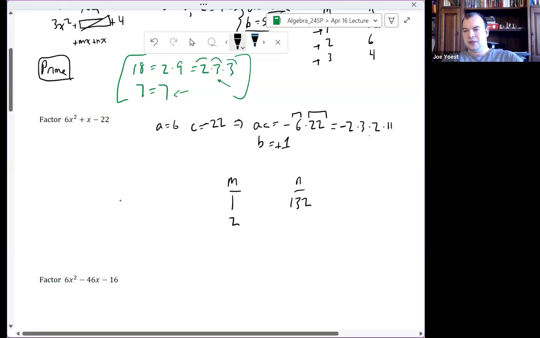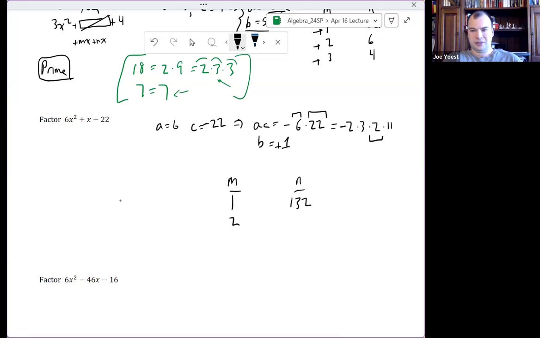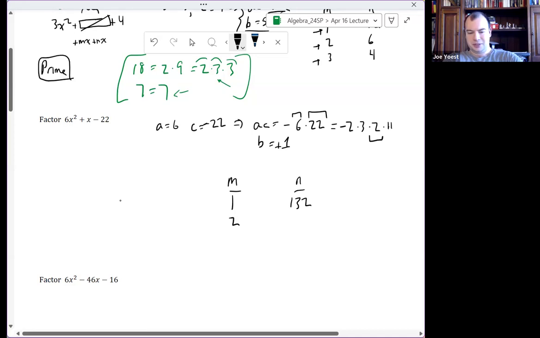If I use this factor of 2, that leaves me with 2 times 3 times 11. I'm not worrying about the sign right now, just the numbers. 2 times 3 times 11, so that's 33 times 2 is 66. Does it have a factor of 3? Yes, it does.